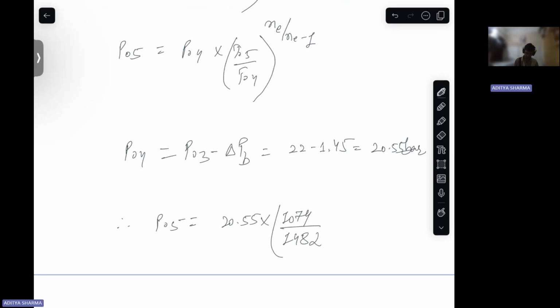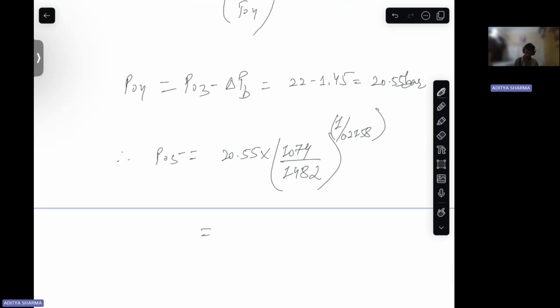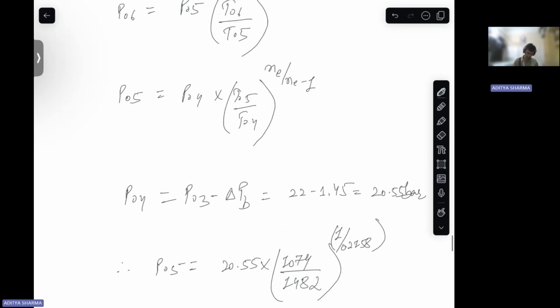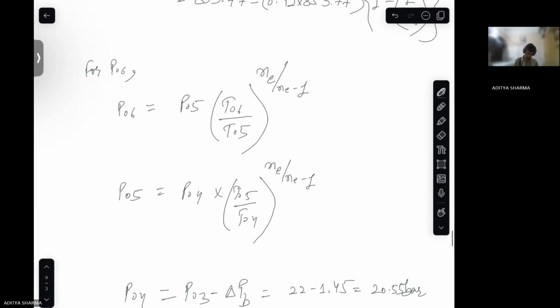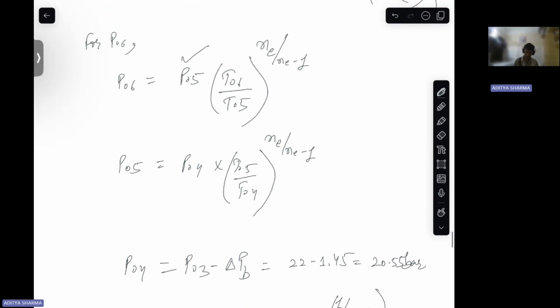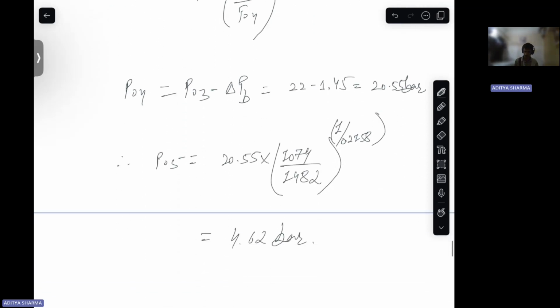These things we had, and this we had also calculated in the starting. Question number 5 we have calculated this. If you calculate this, this will come out to be 4.62 bar. Okay. I hope this is clear. Then P naught 5 we have, then P naught 6 we can calculate in that case.